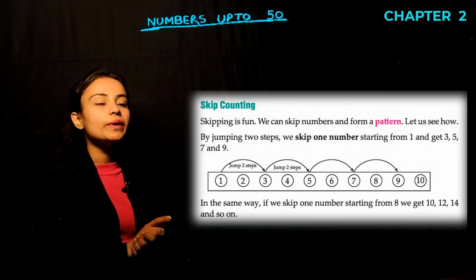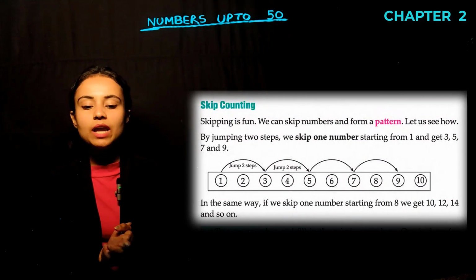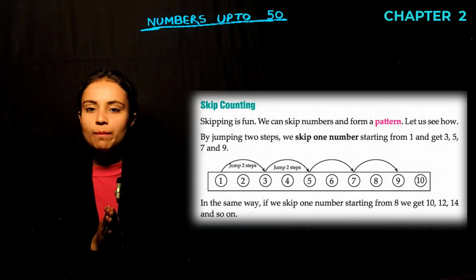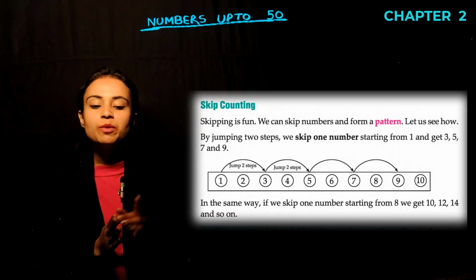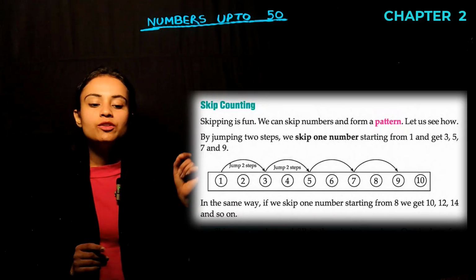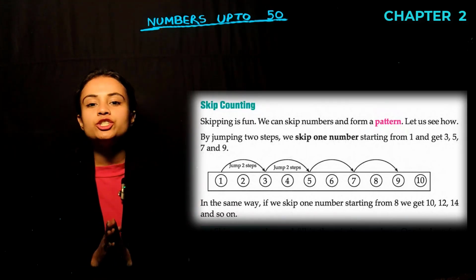Now our next topic is skip counting. Skipping is fun. We can skip numbers and form a pattern. Let's see how. By jumping 2 steps, we skip one number starting from 1 and get 3, 5, 7 and 9. You can see here in the picture.